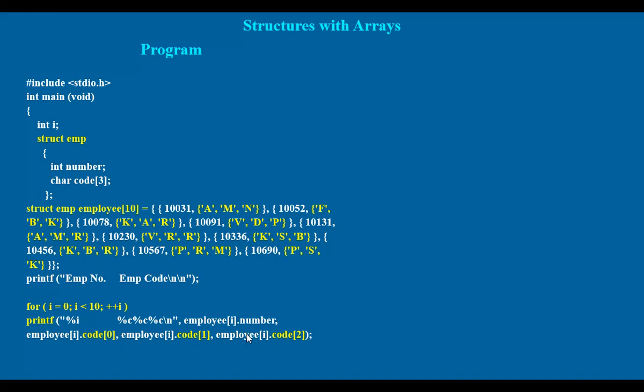So all the three characters are provided here. So this loop runs for 10 times, giving values from 0 to 9 for I.